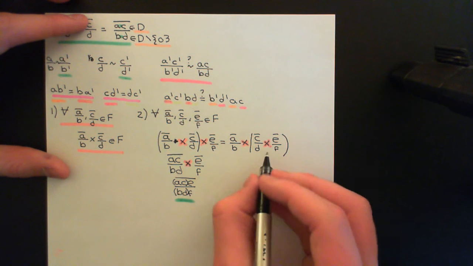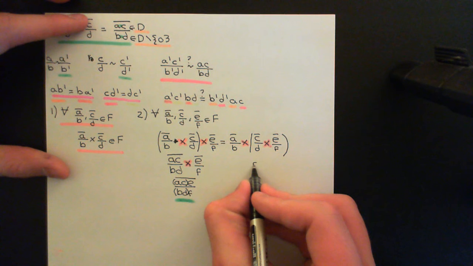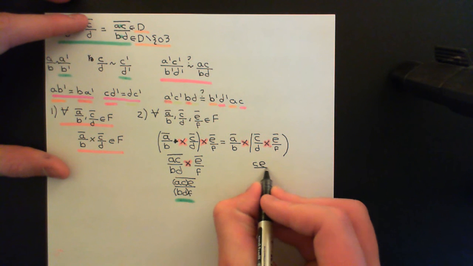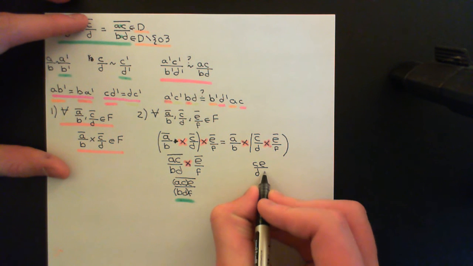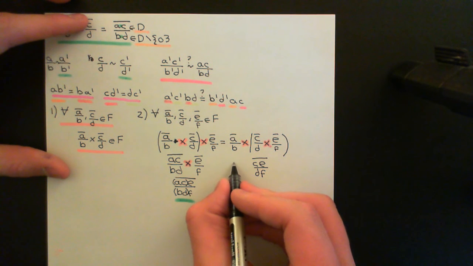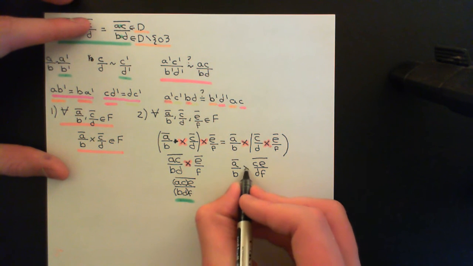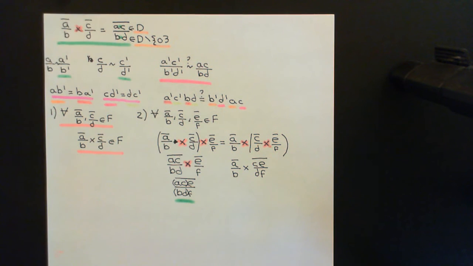Okay, so now let's do this side here. We'll take a representative from here, a representative from here, multiply the numerators together and multiply the denominators together to construct this new fraction, and then take the equivalence class that contains that. Then we'll want to multiply this equivalence class of fractions with this equivalence class of fractions.